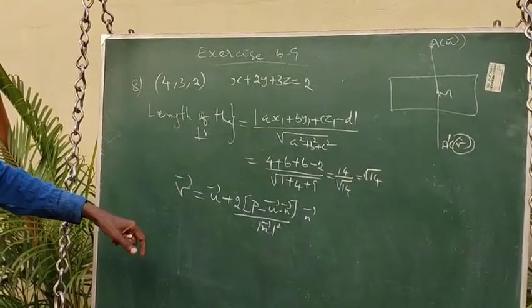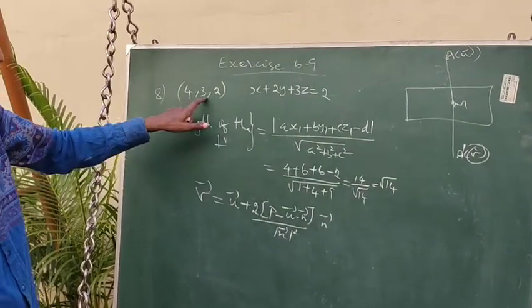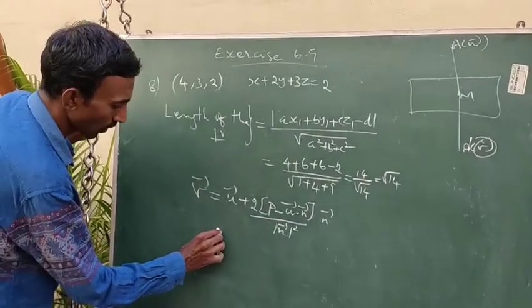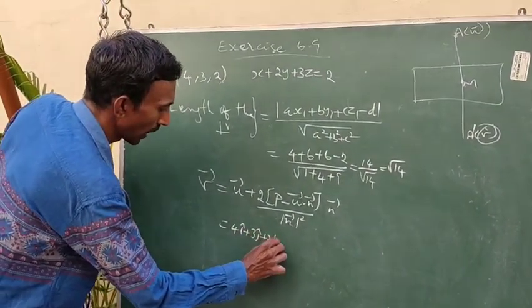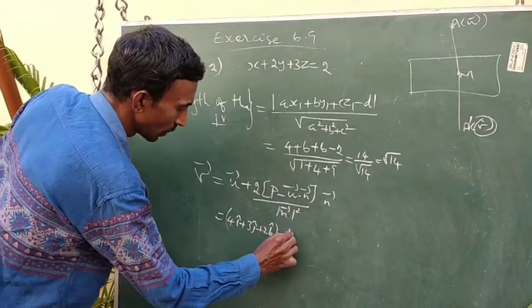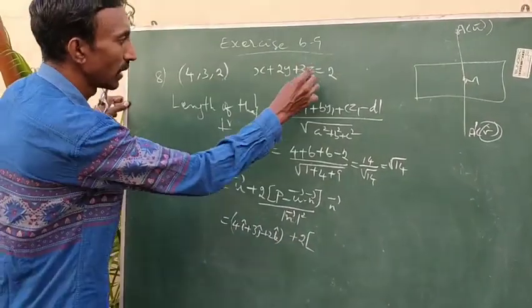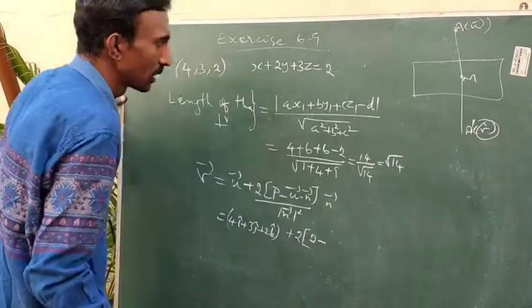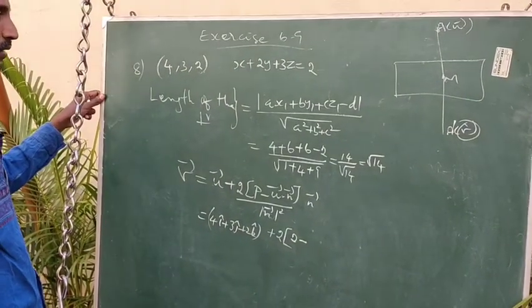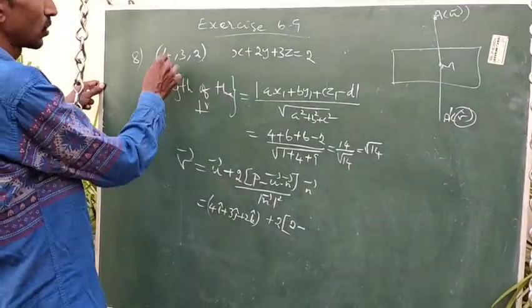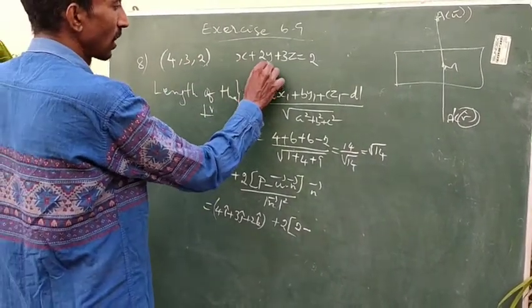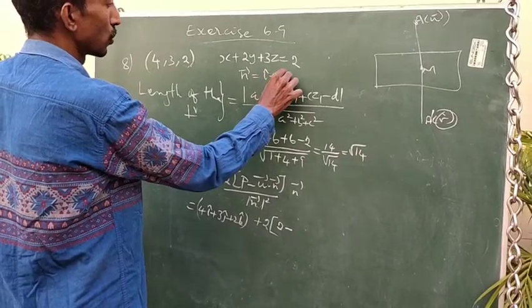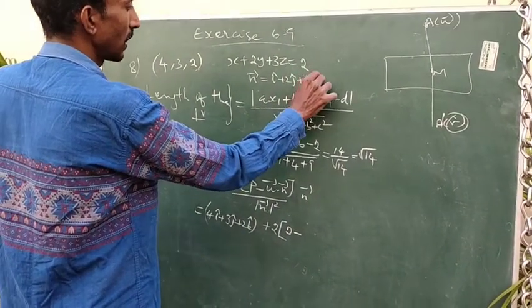Here the u vector is 4i plus 3j plus 2k, plus 2 into, where p is 2, minus u dot n. Find u dot n: u vector is 4i plus 3j plus 2k and n vector is i plus 2j plus 3k.